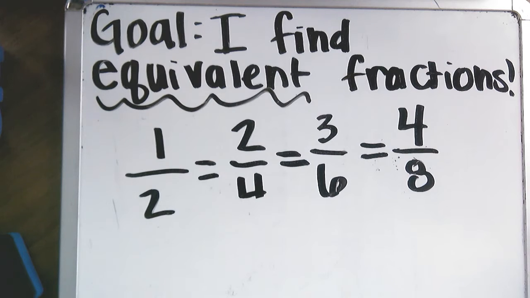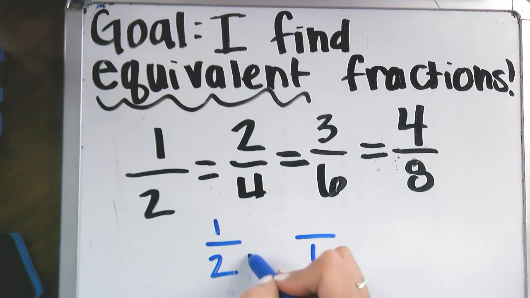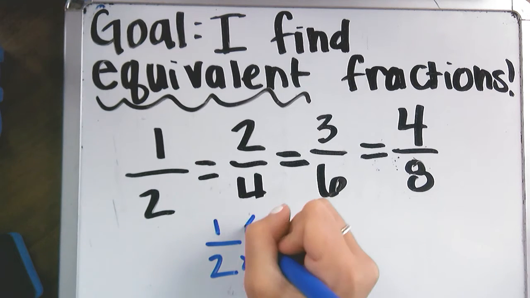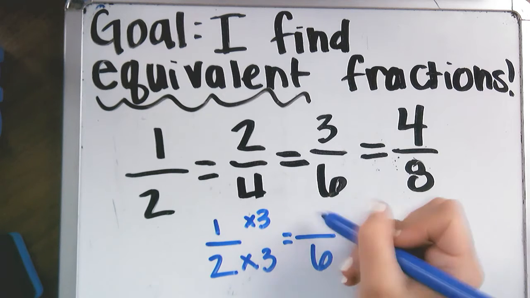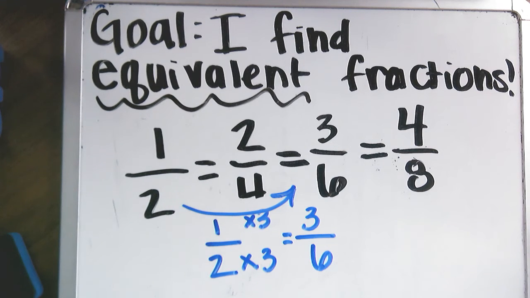Now, if I were to go from 1/2 to sixths, I need to think 2 times what equals 6? And I know that's 3. And just like before, whatever we did to the bottom, we're going to do to the top. So 1 times 3 is 3.